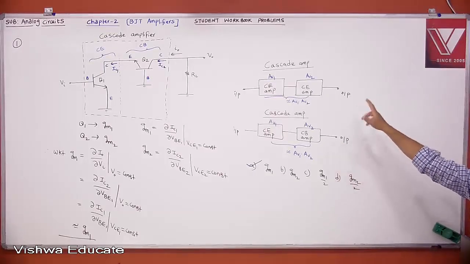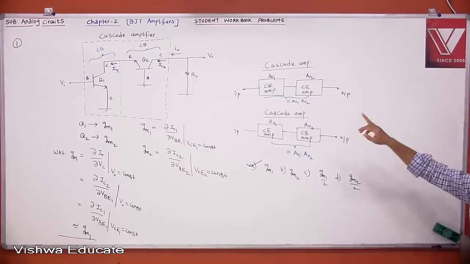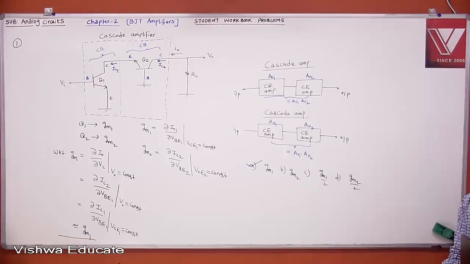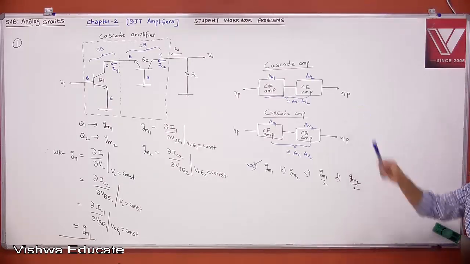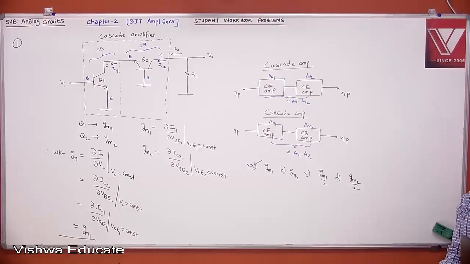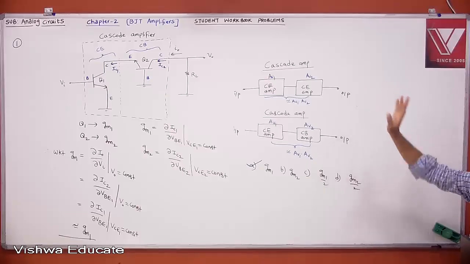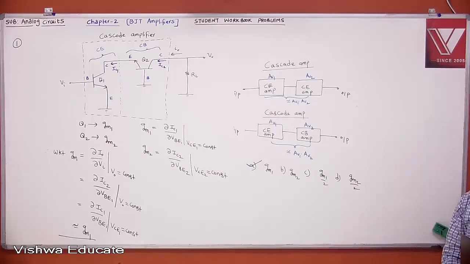Because we have individual stages of CA amplifier and CE amplifier, then we have GM1 R01, GM2 R02, and the parasitic capacitances like C1 and AV1, AV2 are more. If you have more capacitance, it will limit your bandwidth. But coming to cascode, the output is given directly to the emitter, there is nothing in between, so we can reduce the parasitic capacitances. We will see that with the hybrid pi model: if you solve the transfer function of this cascode amplifier and calculate the unity gain bandwidth, this will have more bandwidth than the cascade amplifier.